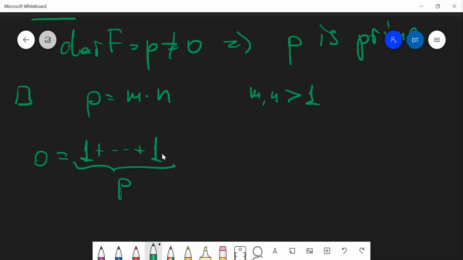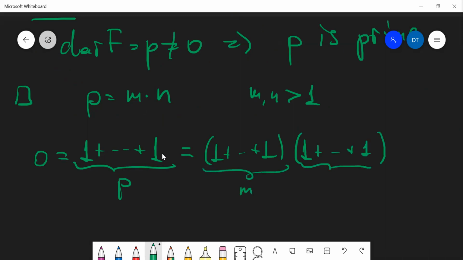But since p is equal to m times n, I can rearrange this sum as follows. Here I have m summands, and here I have n summands. So if you expand this expression on the right, you will have exactly m times n summands, and this is p.